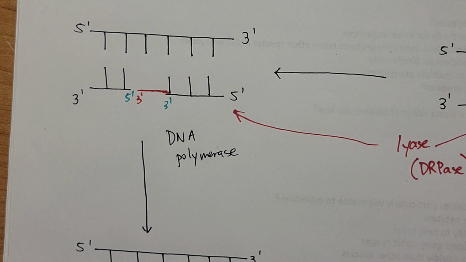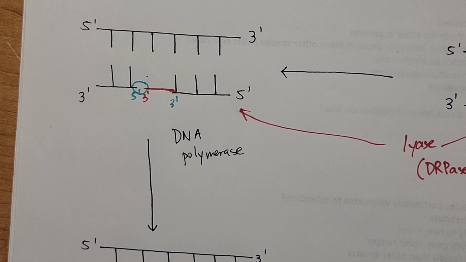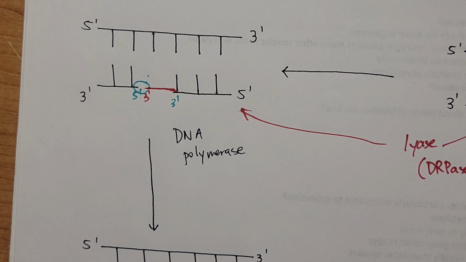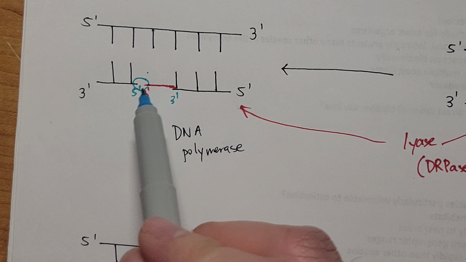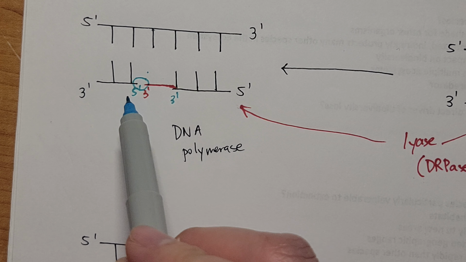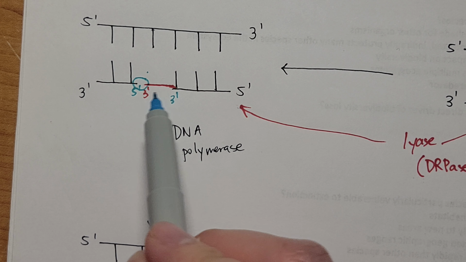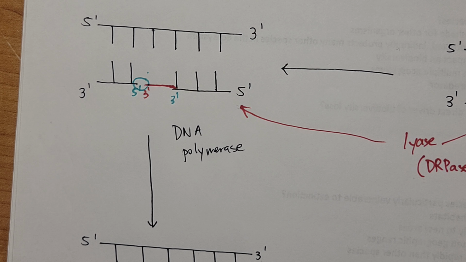But it doesn't end there, because as you can see, there's this gap over here. Remember, in DNA replication as well, there are things called lagging strands or Okazaki fragments. Treat this like an Okazaki fragment, because even though DNA polymerase already elongated the strand from the 3' end, we still have this gap between this 5' strand over here and this 3' strand over here. So if you remember, what's the enzyme that is responsible for sealing that gap?